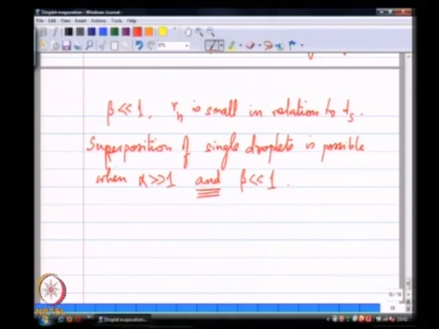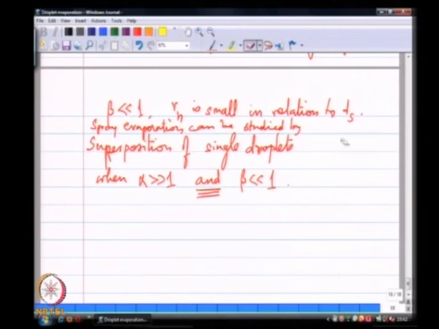So, if I want to look at evaporation in a spray, spray evaporation can be studied by superposition of single droplets when alpha is much greater than 1 and beta is much less than 1. So, if this were not to be the case, then I have to start to look at interference effects.